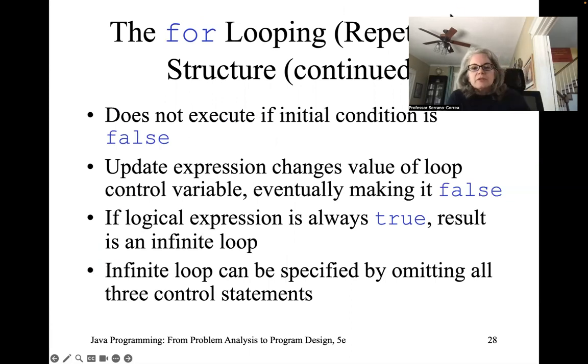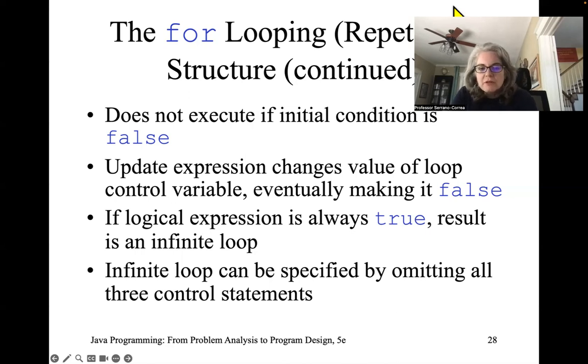The for loop does not execute if the initial condition is false. So we saw that earlier. Update expression changes the value of the loop control variable and eventually should make it false. If it's always true, we're going to get an infinite loop.